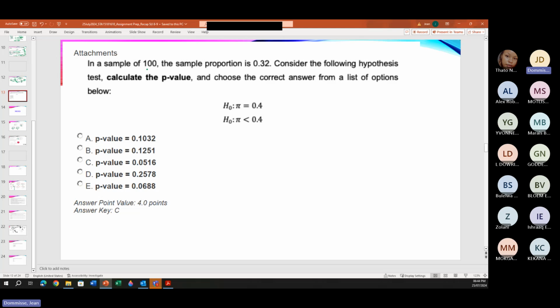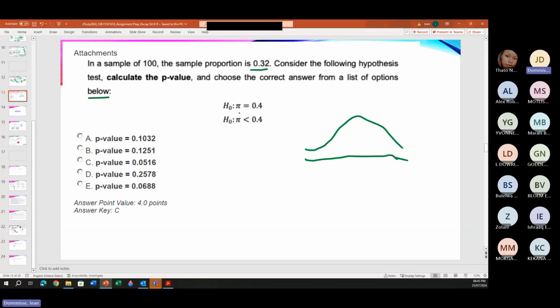In a sample of 100, the sample proportion is 0,32. Consider the following hypothesis test, and we need to calculate the p-value and choose the correct answer from a list of options below. So hypothesis testing with proportion, again, Z. So we can always use the Z.